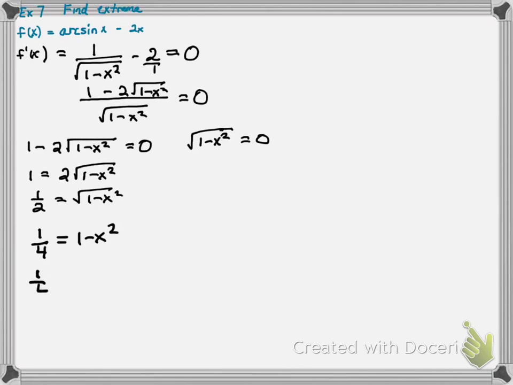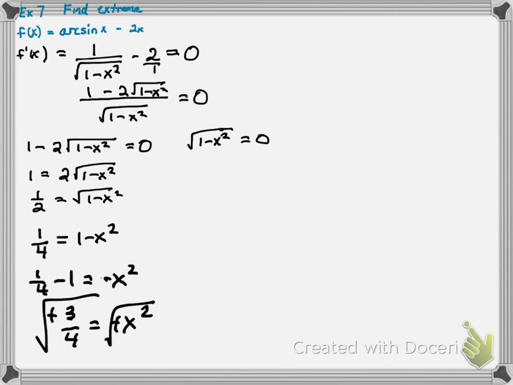So a quarter minus 1 equals negative x squared. And a quarter minus 1 is negative 3/4 equals negative x squared. I can change these both to positives and then square root both sides. So now when I do that, I end up with x equals plus or minus the square root of 3 over 2.